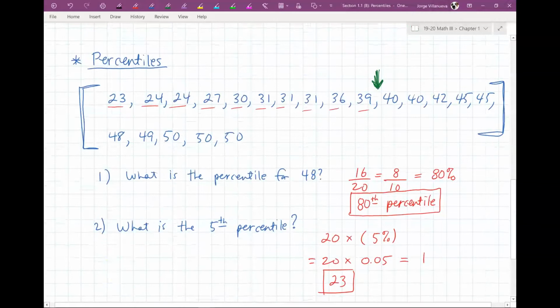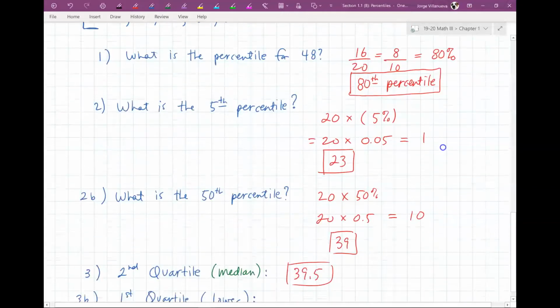That's all the underlined numbers. That's my lower quartile. My first quartile is found in there. Since there are 10 numbers, let's see, 1, 2, 3, 4, 5. Right in between there, I'm going to find my first quartile. What number is in between 30 and 31? 30.5, right? Perfectly in the middle, so 30.5.